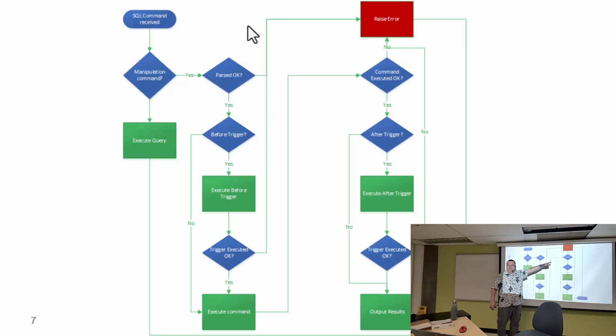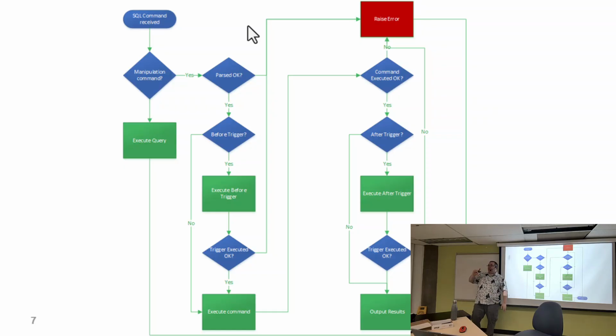Did the insert complete? Yes, goes that way. No, gives you an error. Is there an after trigger? It executes the after trigger. Did it succeed? Yes, it outputs the results and returns the results to the client. So every time you do an insert and an update, it basically goes through these steps. There's a lot more to it than that, but this is basically what it's doing on the inside.